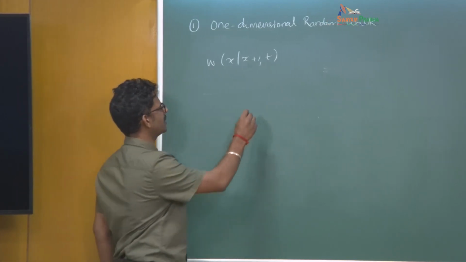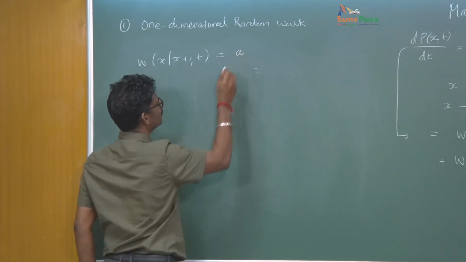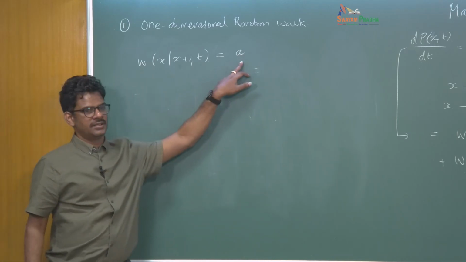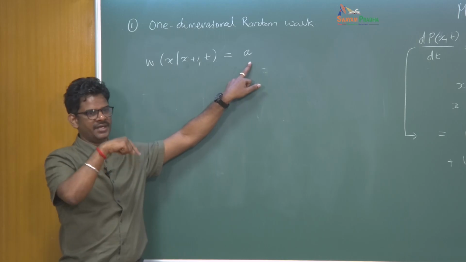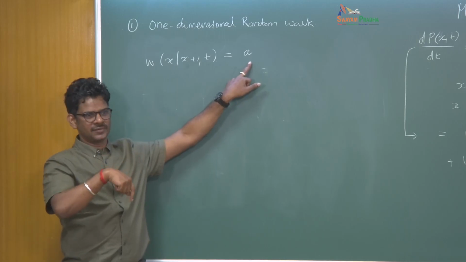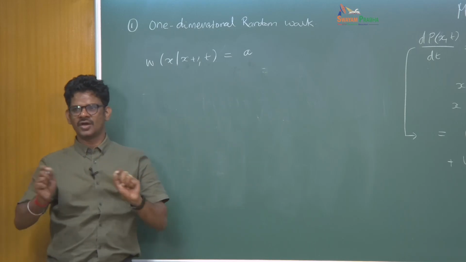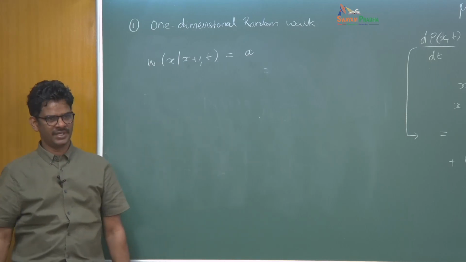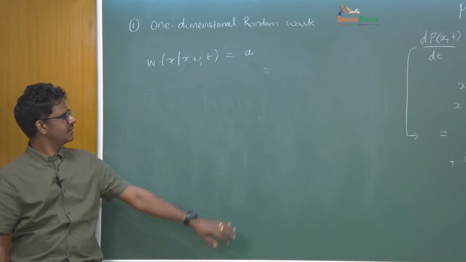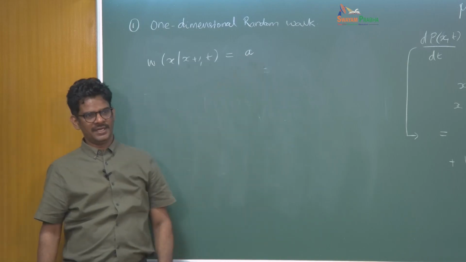So we'll say this is some value a, and this rate constant a does not depend on the time and doesn't depend on the current position. We define the jump rate as constant regardless of where the particle is and at what time the particle is found there. So we associate this with some constant value.